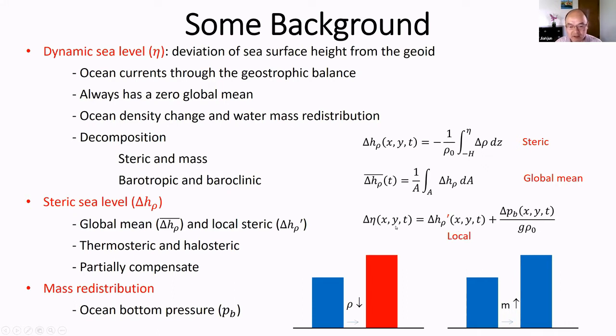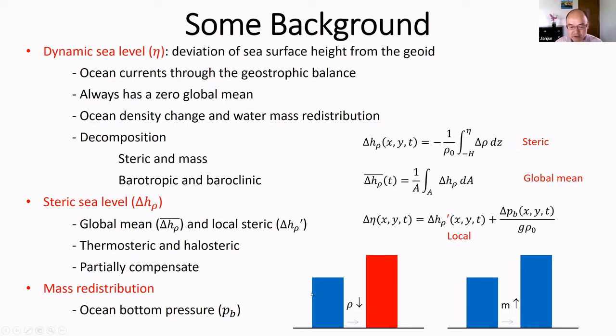You can see the dynamic sea level change, delta eta here, equals the local steric sea level change plus the mass term. Delta p_b here is the ocean bottom pressure anomaly. The third term in this equation indicates the ocean mass redistribution.